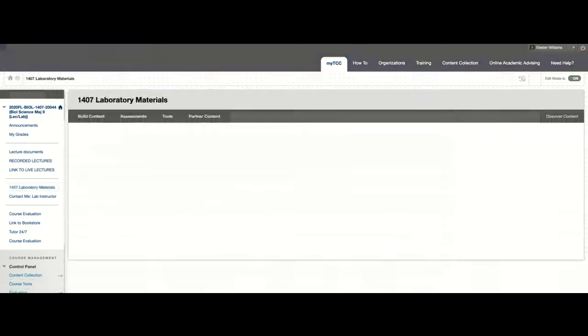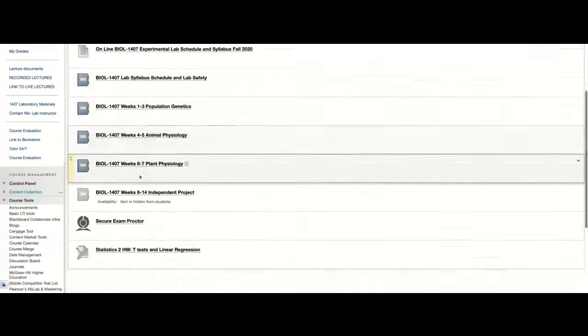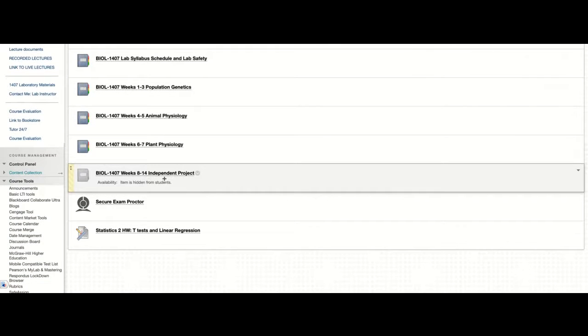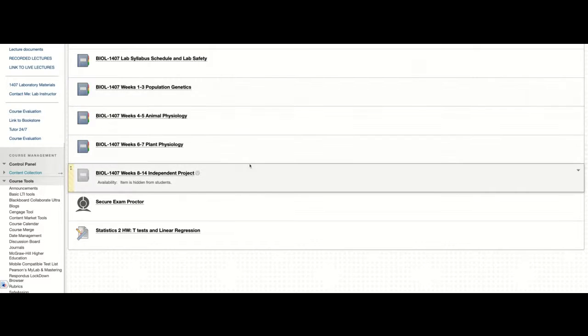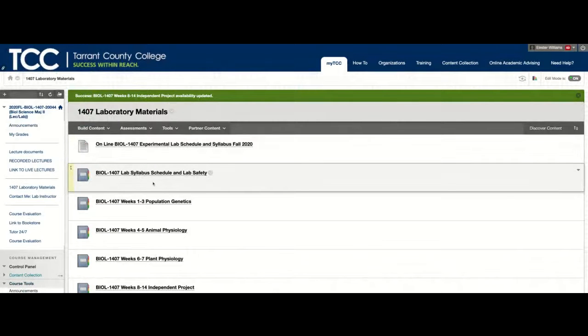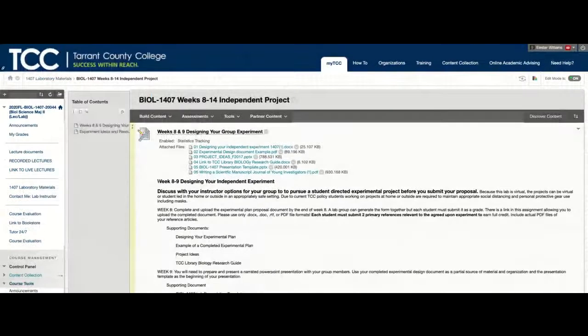As we navigate that, we're going to look at the folder specifically for the independent project. I will make sure that is available, and once we jump into this, you will see a bunch of information.